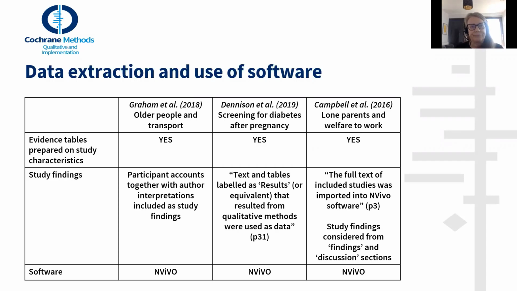So you'll see that generally they were looking for, they considered to be findings, anything that was labeled as results. For example, in Dennison et al., Campbell et al. also considered findings, any findings presented in the discussion sections, and Graham et al. highlighted that they were using both the participants' accounts together with the author interpretations. All of those were considered as study findings. Next slide, please.